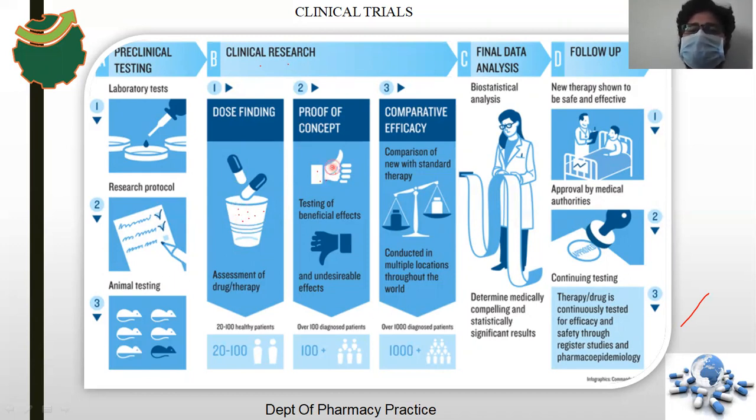And in phase two, we'll be seeing the efficacy of the drug. Does this drug really have an appropriate therapeutic efficacy towards a specific disease condition or towards a specific target identification or target binding or not?